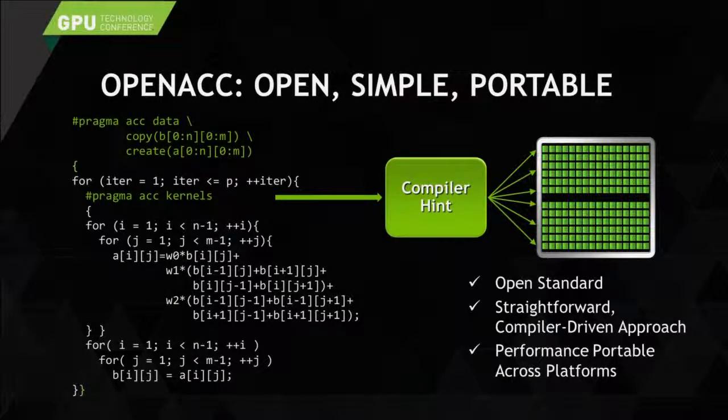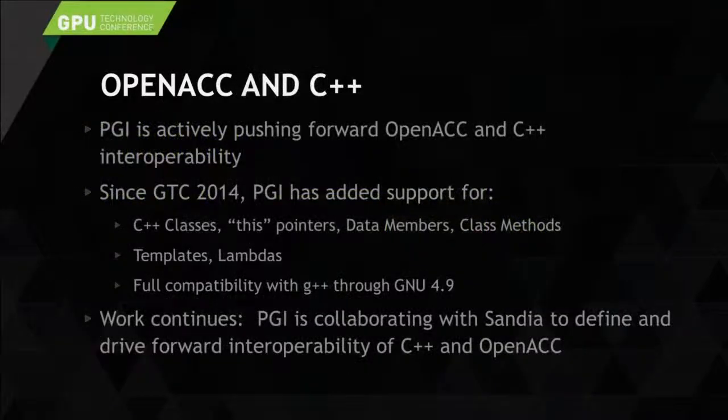So now we're going to get into some more advanced concepts in OpenACC, particularly with C++. Now, about a year ago at GTC, if your C++ program looked like C, you could use OpenACC. Otherwise, you couldn't. Really, the support was lacking. So we've spent a lot of time over the last year thinking, well, what are the concepts that we need to provide support for, at least to get you access?